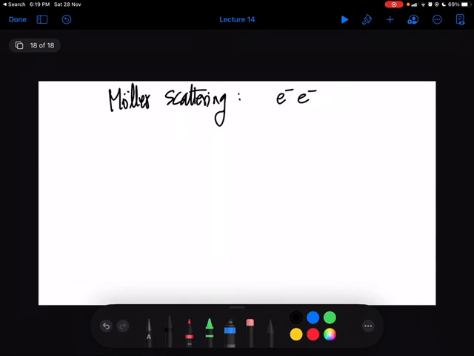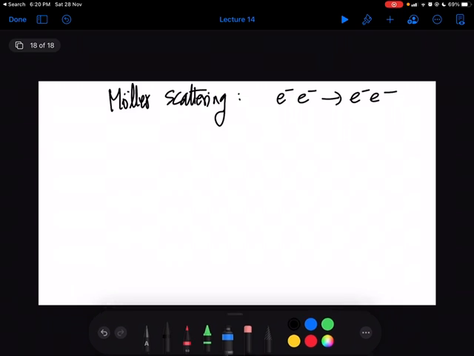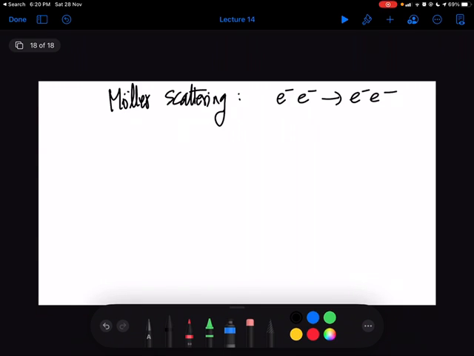Møller scattering is an electron scattering off an electron. So an electron comes, exchanges a photon, and then goes back. Another electron comes, and both of them exchange a photon and go back. It's simple.